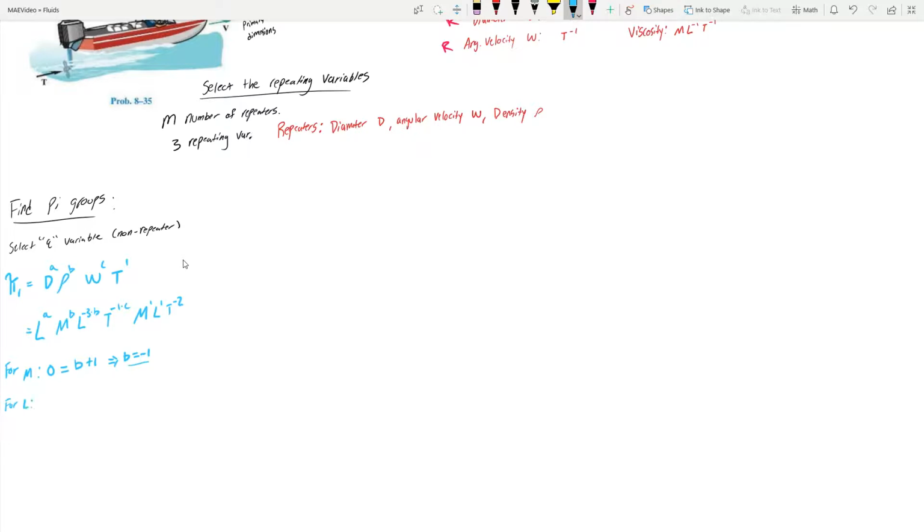So we just do this for all three. So 0 is equal to, we have an L to the A here, so it's going to be A plus 1, or I'm sorry, I forgot the 3b, minus 3b plus 1. So we get A is equal to -4. And similarly, we do the same for time.